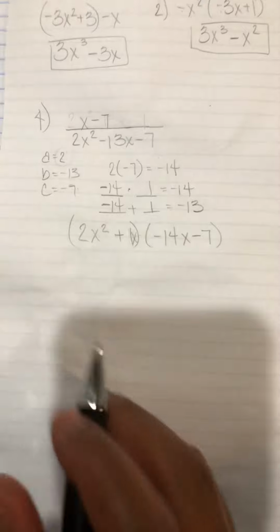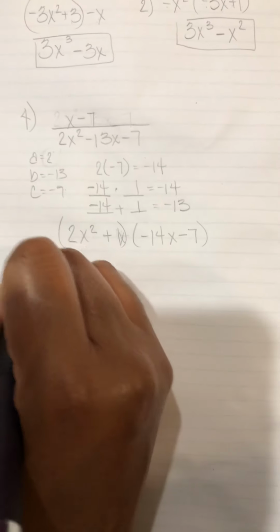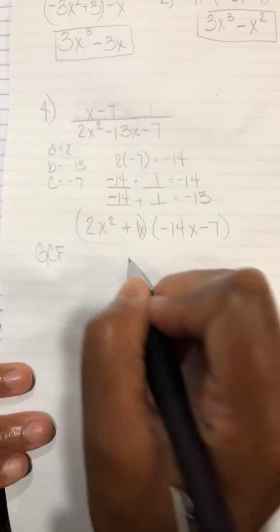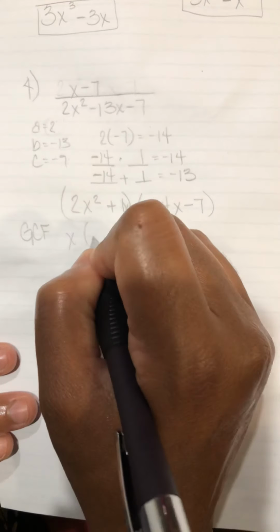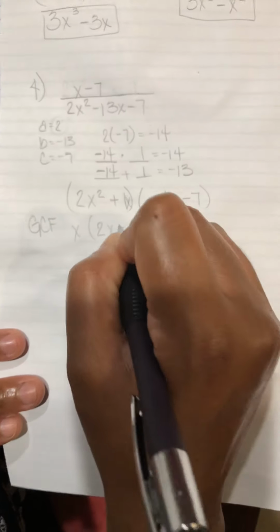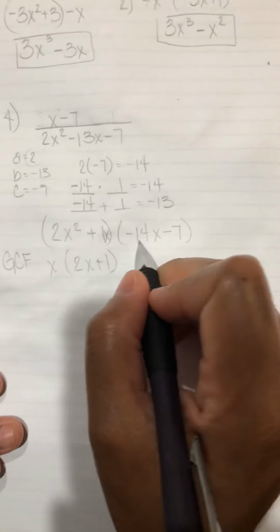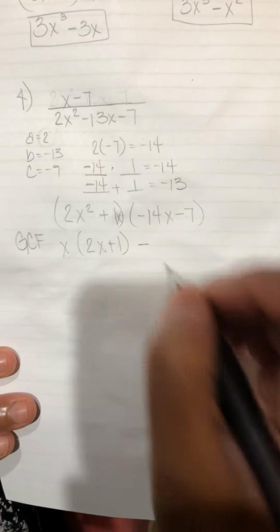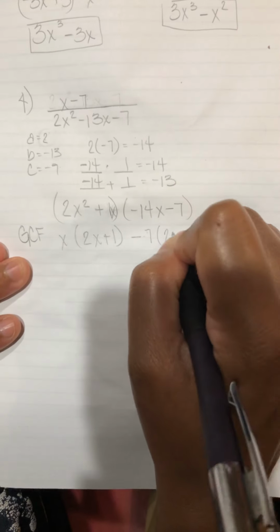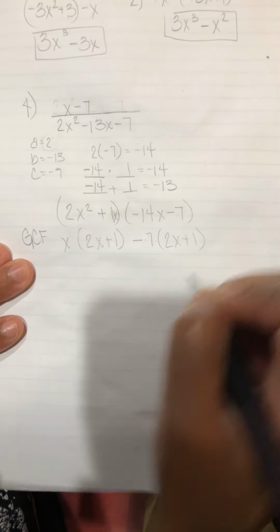So here, the number that, or my GCF that I could pull out is going to be x. So I have 2x plus 1. And then over here, what I can pull out will be the negative, and then I'm going to pull out a 7. So that will leave me with 2x plus 1.